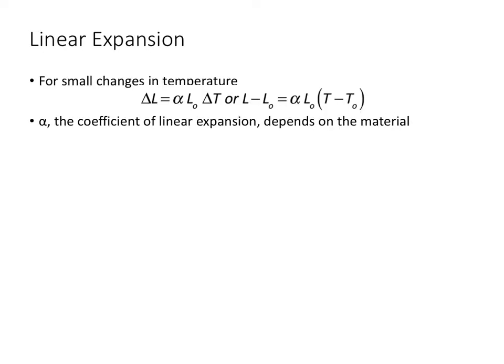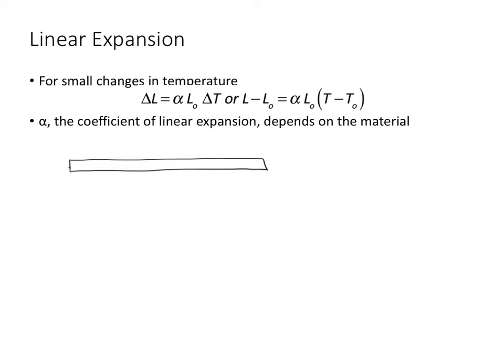So for a linear expansion, for our long stick where it's really this dimension and say the in and out of the screen dimension, these two dimensions are negligible, very small compared to the length, then really you only have to worry about expansion of length.